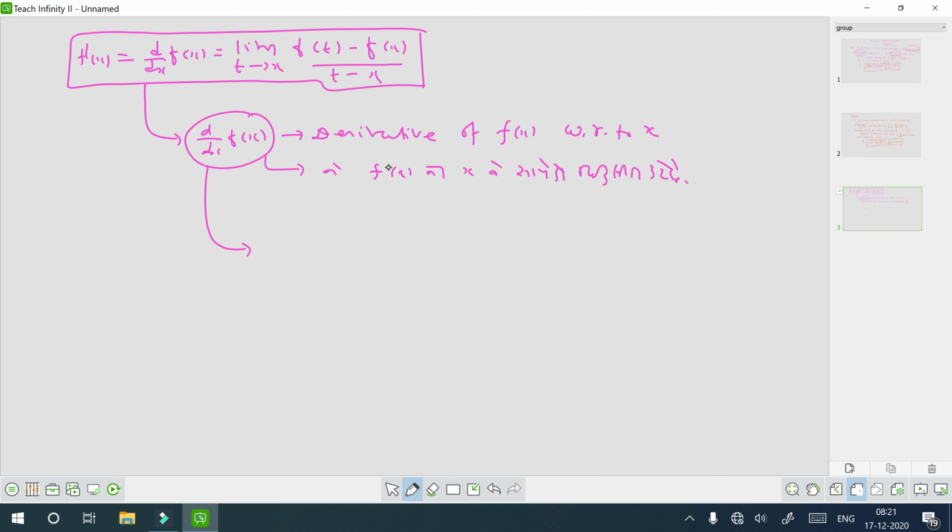To find, the process of finding the derivative of a function f(x), or in general any function, is called differentiation.